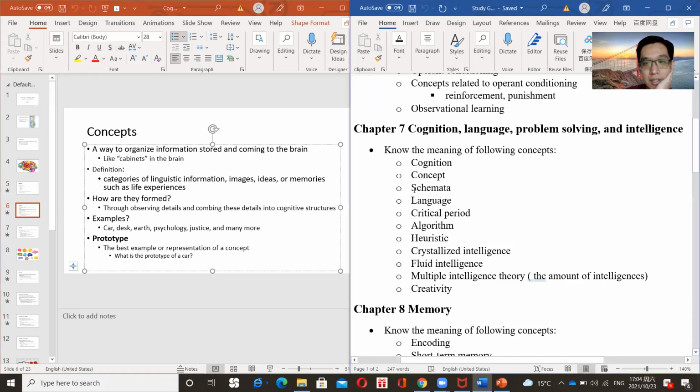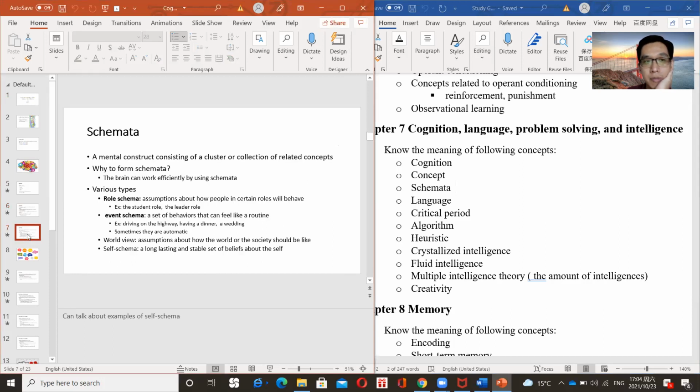And a schemata is a collection of different concepts that are related. So our brain does not only form concepts, it also forms different kinds of schemata. It's a mental construct that consists of a collection of related concepts.